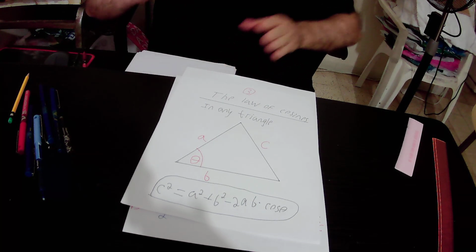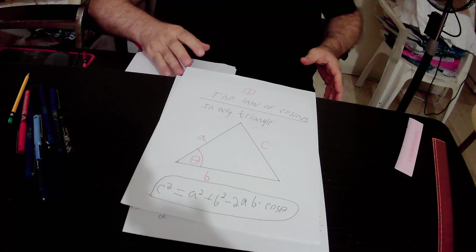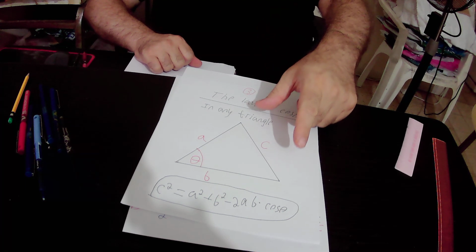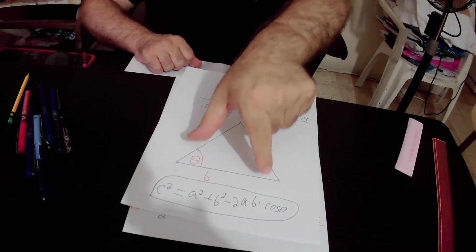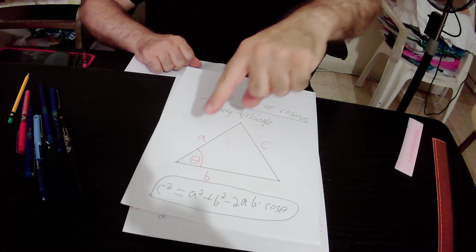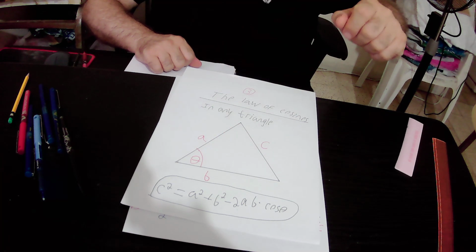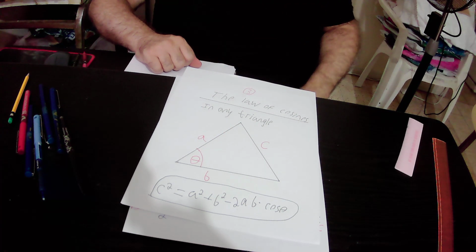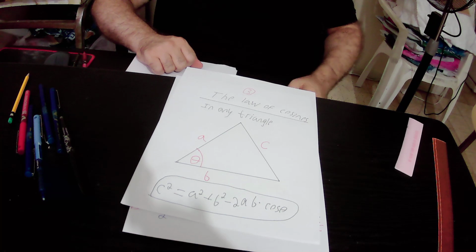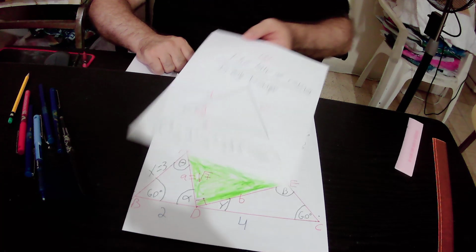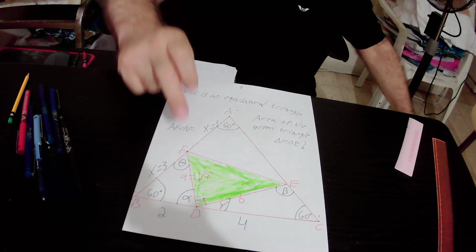The law of cosines is true for any triangle. So in any triangle, c squared equals a squared plus b squared minus 2 times a times b times cosine theta. Okay, so we actually implemented the law of cosines in triangle FBD.